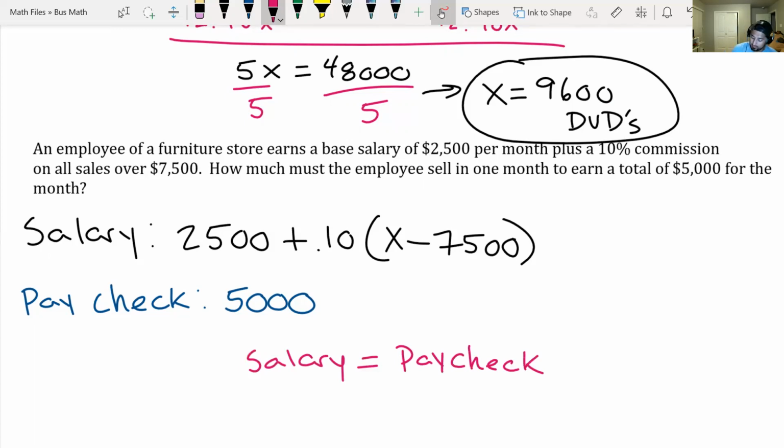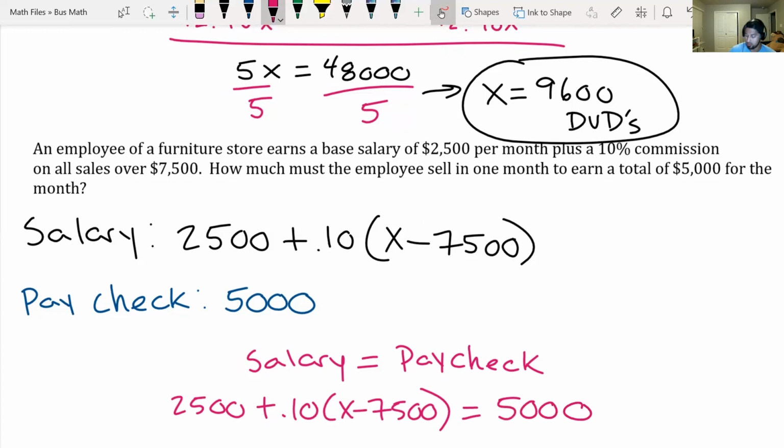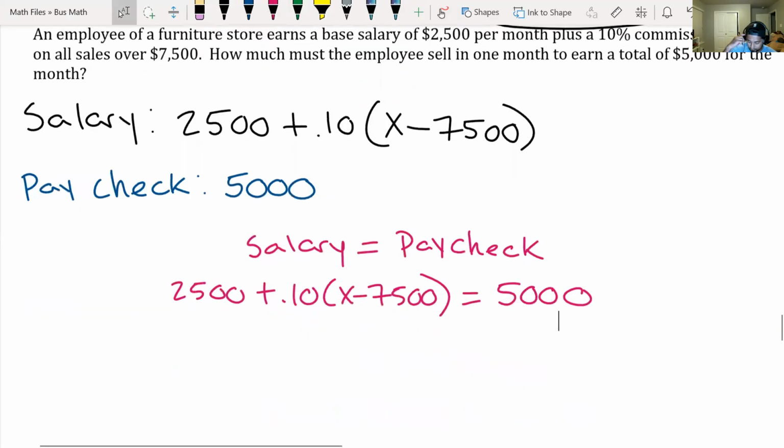And this employee's salary is given by the equation 2,500 plus 0.10 times X minus 7,500 equal to the salary, the paycheck they want to make of $5,000.